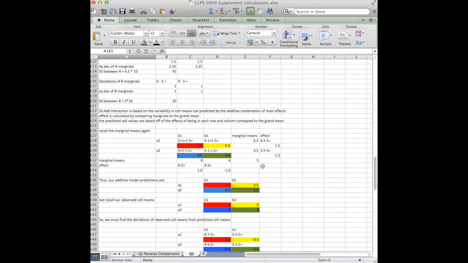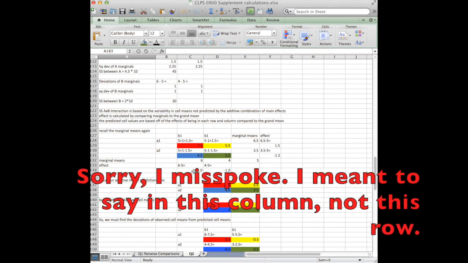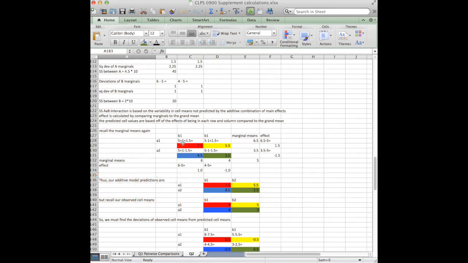To illustrate, we have the grand mean of 5 here, and because it's in this row and this column, the effect of being in this column is to add 1, and the effect of being in this row is to add 1.5. So 5 plus 1 plus 1.5 gives you 7.5 as your predicted cell mean based on the additive combination.